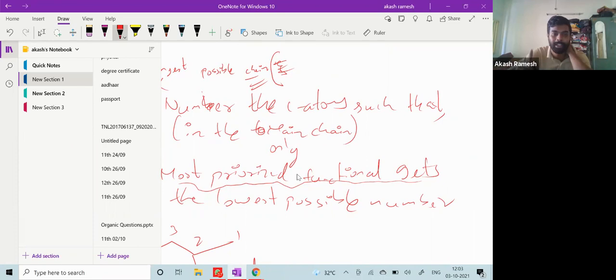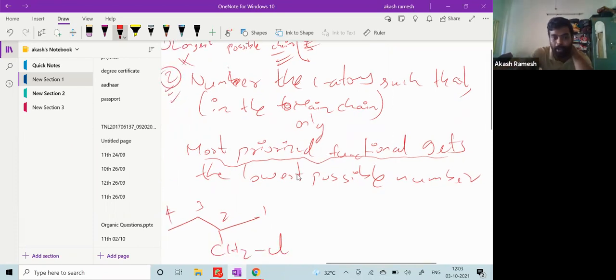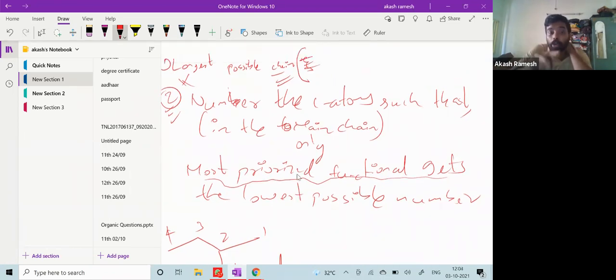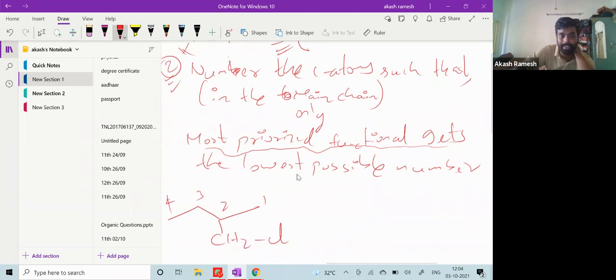Exactly. Here I have only chlorine and the hydrocarbon, that is alkane, and the chlorine. Out of them, the most priority goes to chlorine. You must make sure that you are including that chlorine, or at least the carbon having the chlorine, in the main chain.